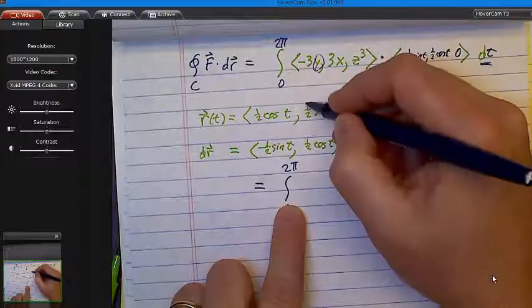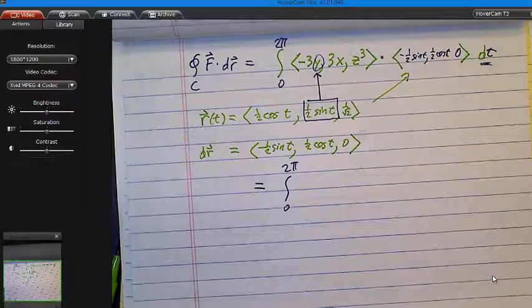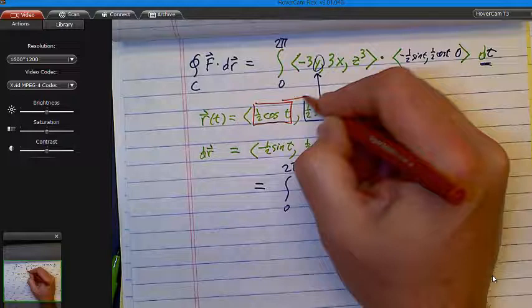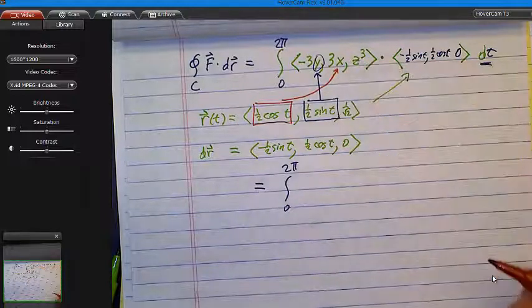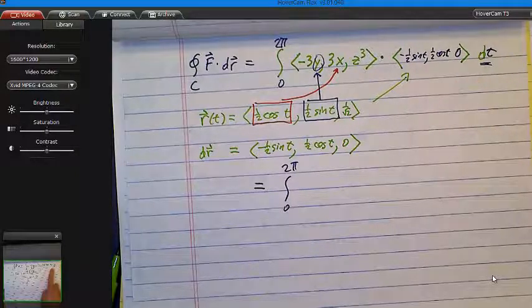So the 1/2 sine t gets thrown in for that y, and similarly, the 1/2 cosine t gets thrown in for that x, and I don't care what you throw in for z because we're dotting it with 0. Okay, then we really have a dt integral. But this is basically how it works.